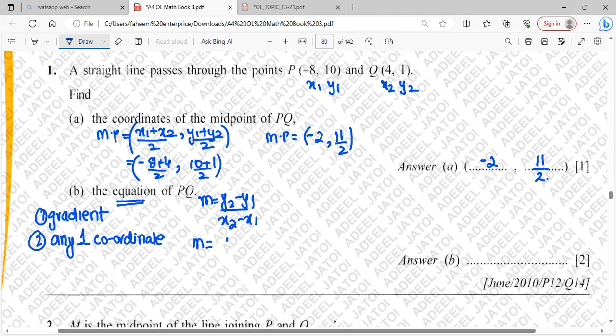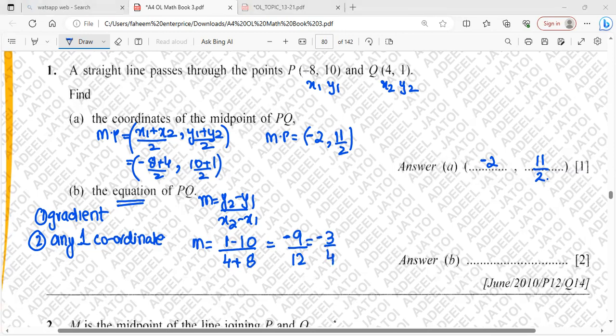M is equal to 1 minus 10 upon 4. Since we already have minus here and the minus is also there in the x, minus will become plus 8. So this should be -9 upon 12. Your gradient should be -3 upon 4.